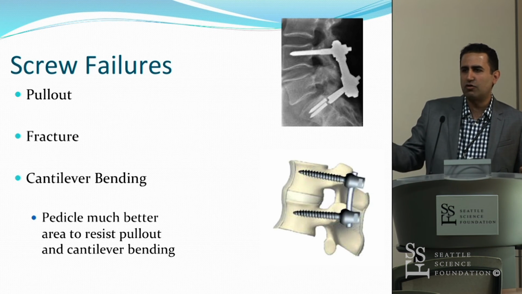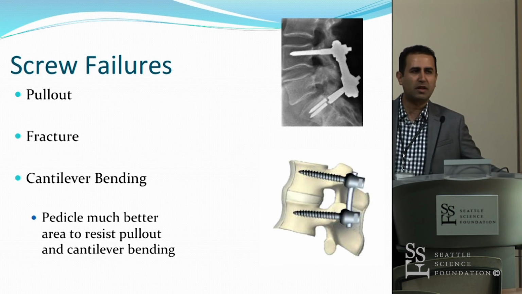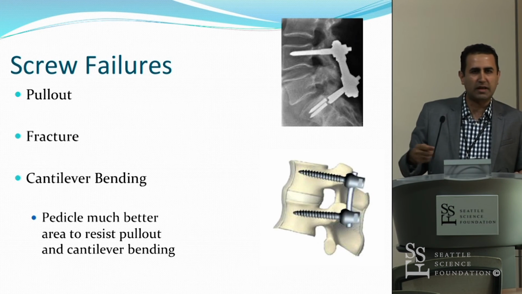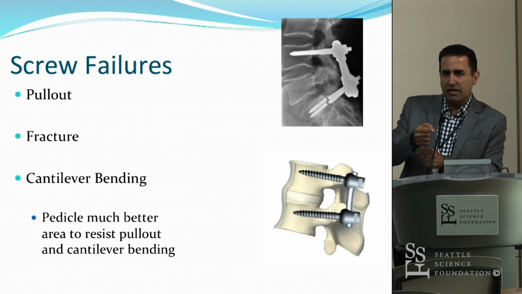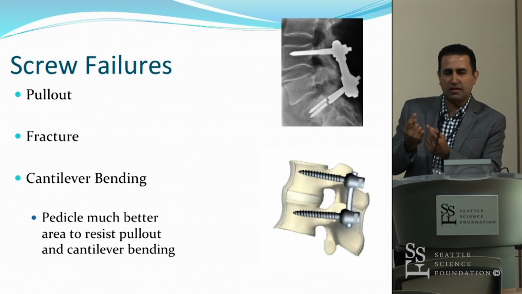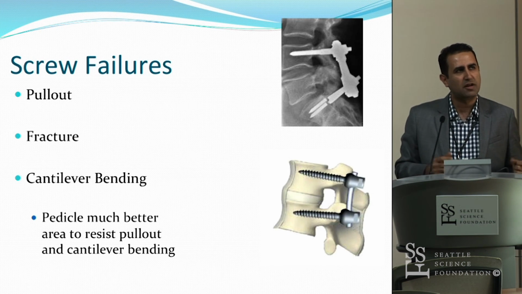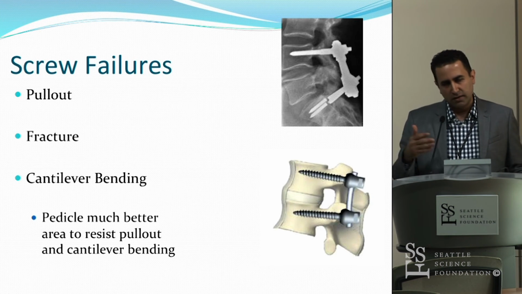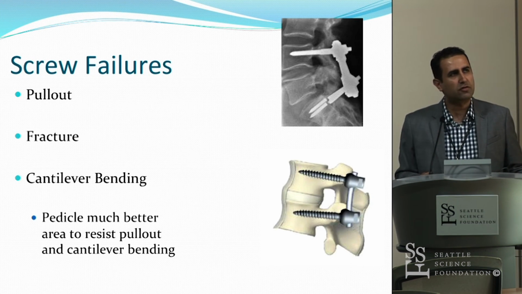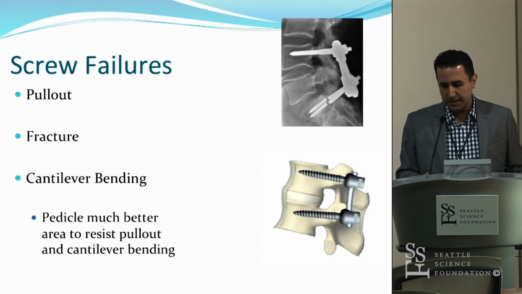You're applying greater load through the region that you're wanting to fuse. It gets transmitted to the implant, and as a result, that force overcomes the shear resistance, and you have a mismatch. And you have a cantilever bend effect. Typically, as I said, again, it's related to pseudoarthrosis, and it's a failure.